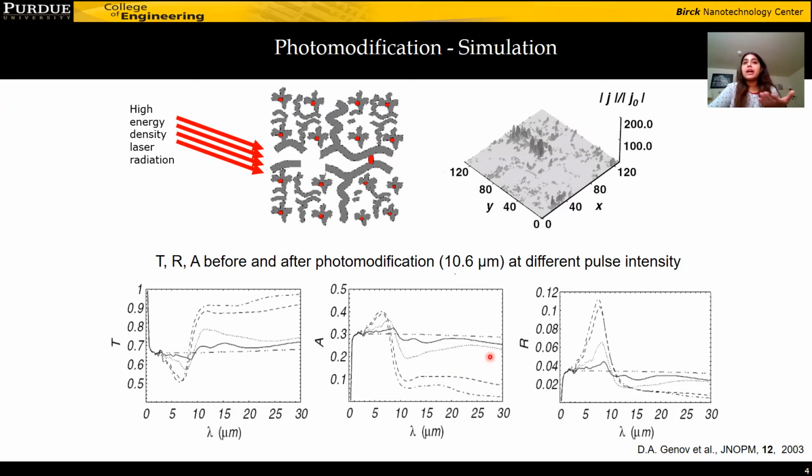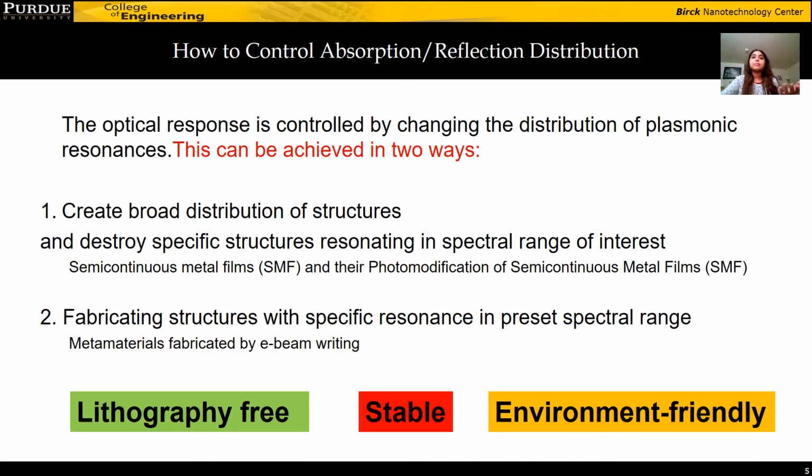If you can change the size and the morphology of those nanoparticles, you will be able to change the optical spectrum. This is what is of benefit to us, and we are going to utilize this method to generate different colors based on reflection mode.